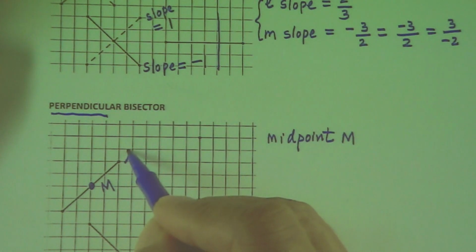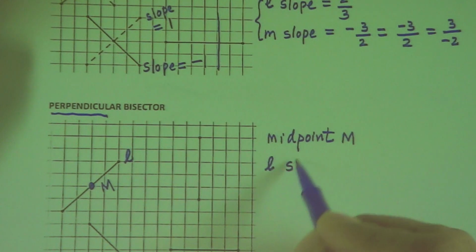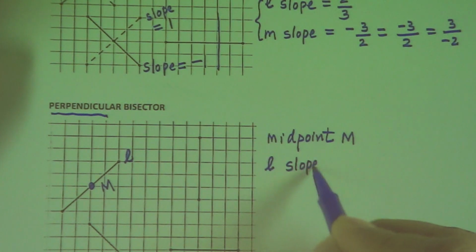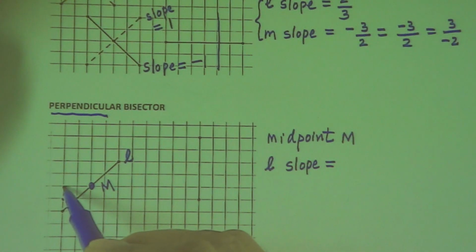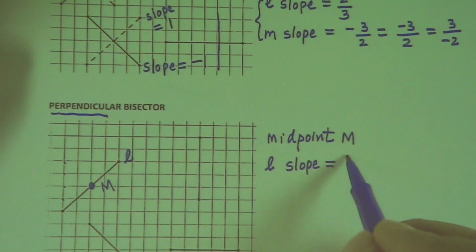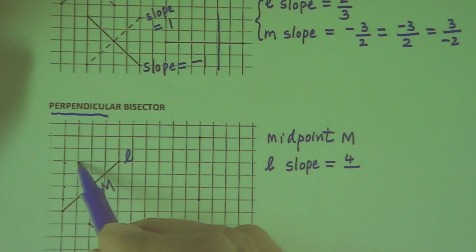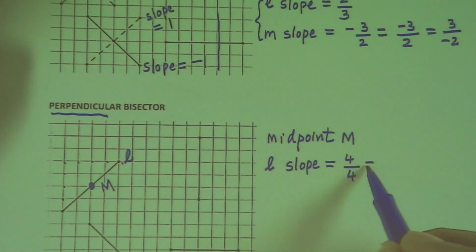Call that L. So L, let us find its slope. 1, 2, 3, 4. 1, 2, 3, 4. So its slope is 1.